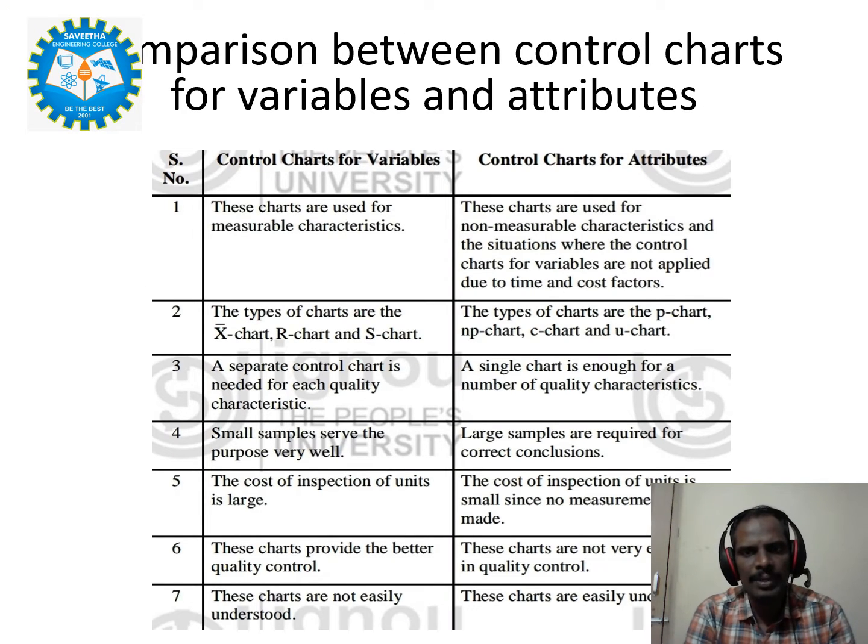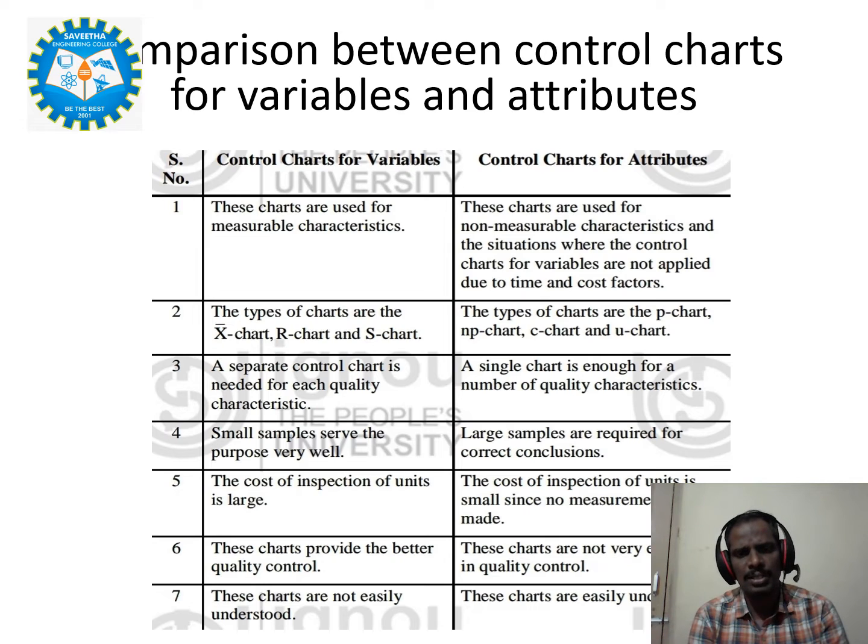Now, the comparison between the control chart for variables and for attributes. Control charts for variables are used for measurable characteristics, whereas charts for attributes are used for non-measurable characteristics, and for situations where variable control charts are not applied due to cost or time factors.